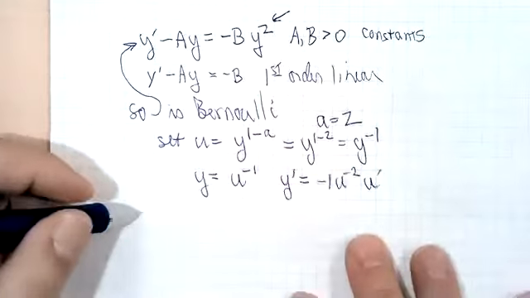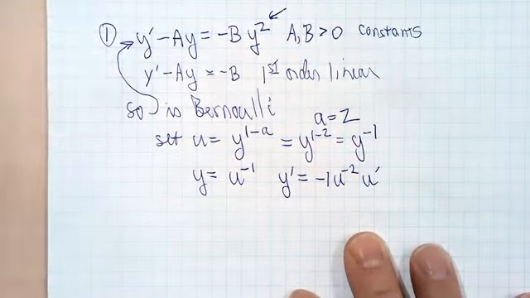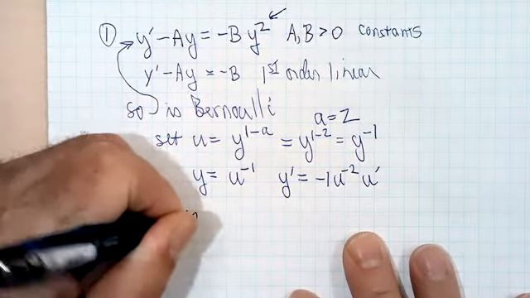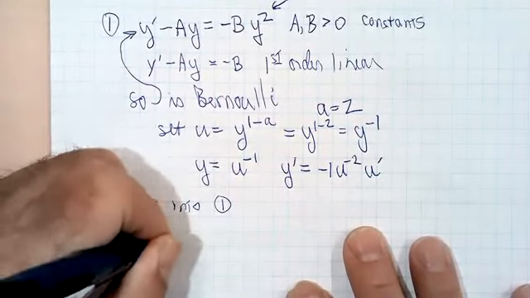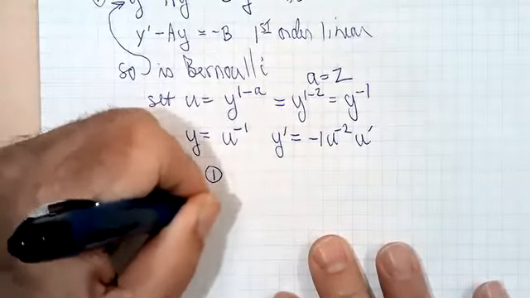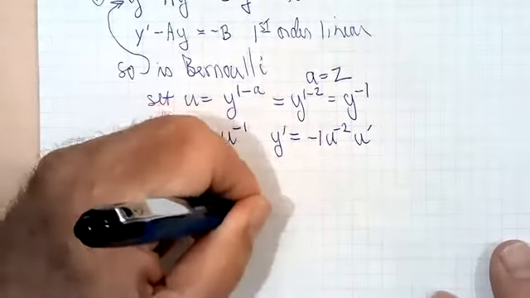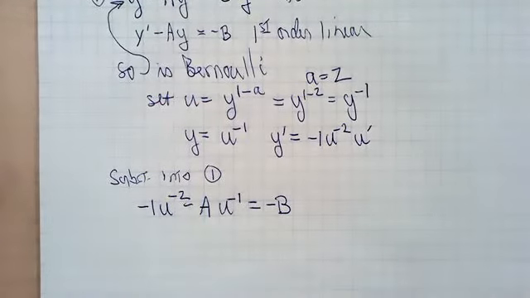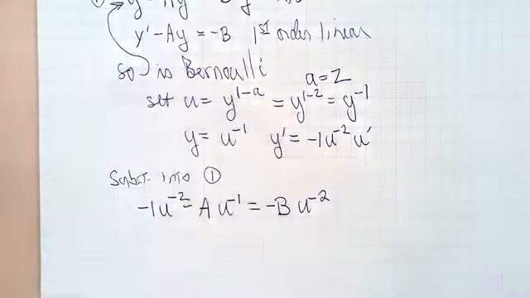Okay, so let's make that substitution in the original equation. I want to be able to refer to that, so I'm going to call that equation 1. Substitute into equation 1, and you'll get minus 1 u to the minus 2, minus A y, but y is u to the minus 1, equals negative B y to the 2, which from this equation, y to the 2 is u to the minus 2.